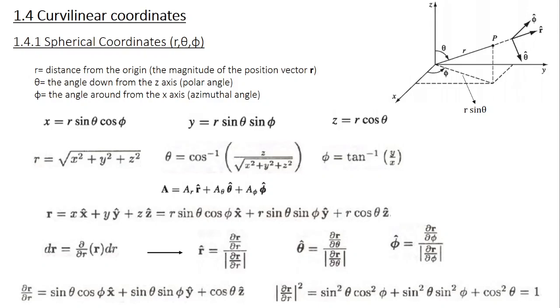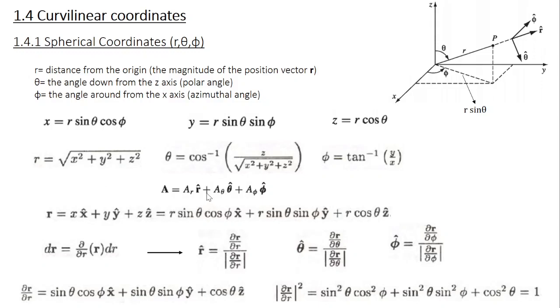So just like x cap, y cap, z cap, r cap, theta cap, phi cap also form an orthonormal basis, which means a given vector can be represented in terms of these orthogonal basis vectors. So I can write a general vector A as A_r r cap plus A_theta theta cap plus A_phi phi cap, just like in the Cartesian coordinate system, I write A equal to A_x x cap plus A_y y cap plus A_z z cap.